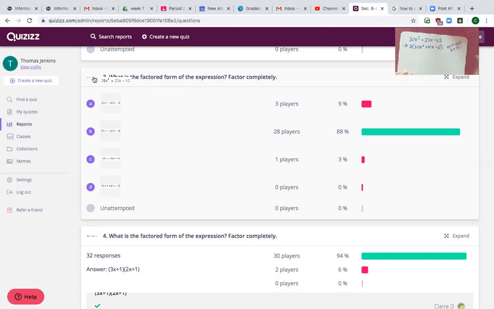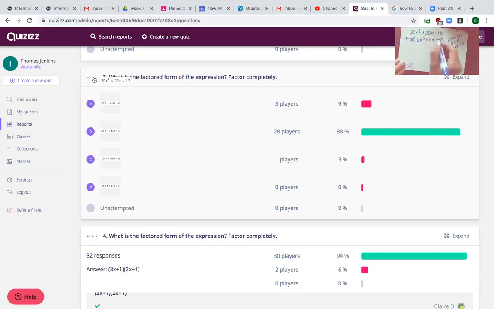What multiplies to negative 60 and adds to 11? I think 15 and negative 4. I'm ignoring that 2 until the very end. I know that's going to be part of my answer, so I'm just going to write it at the bottom and ignore it till the end.